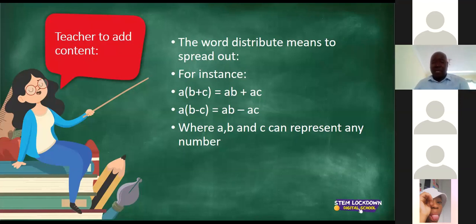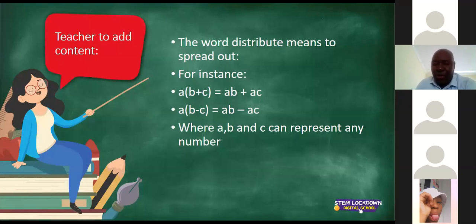And this means that A multiplied with B will give you AB. And A multiplied with C will actually give you AC. I hope it makes sense now. I hope that this is audible. And the second one, of course, is A into B minus C. And of course, as you can see the answer there, how did we get to that answer?